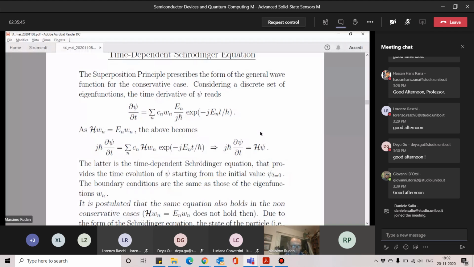No, because we have extended the analysis, but still to the case of the conservative situation, okay, in which we have the possibility to solve independently the Schrödinger equation independent of time, okay?